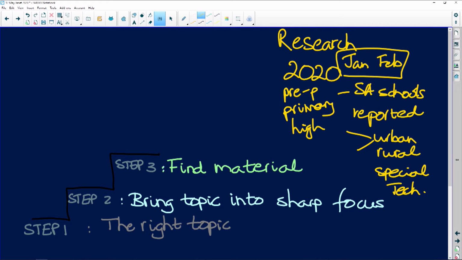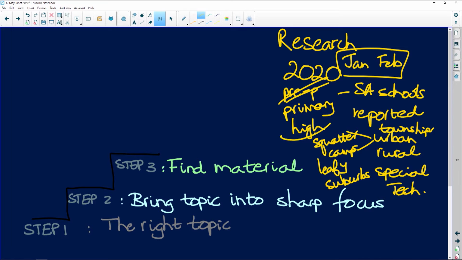So we're going to go urban schools in what they call the leafy suburbs, so the more privileged areas, and we're going to look at urban schools in, are there schools in squatter camps? Or in townships? Maybe I want to look at township schools. Okay. So do you see, I've eliminated the pre-primary. Now, am I going to look at primary and high? Okay, I'm going to get rid of special and technical.